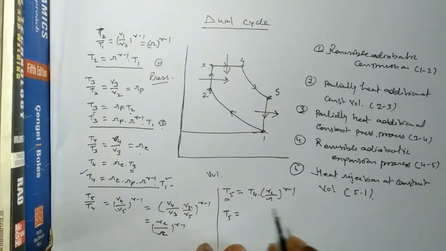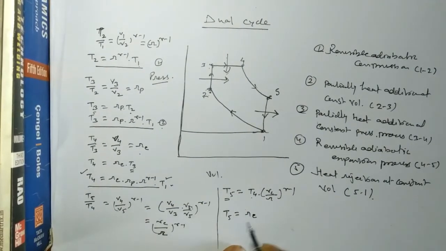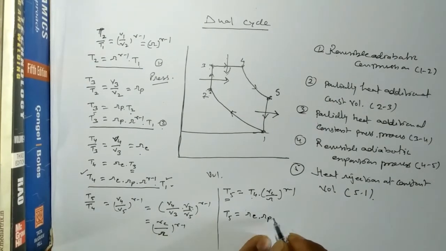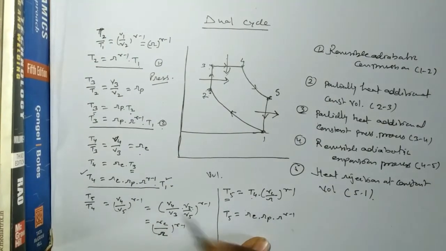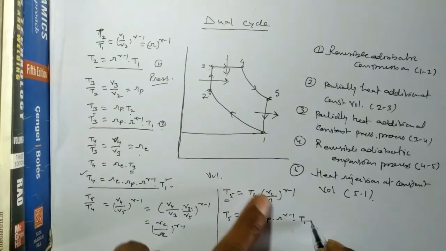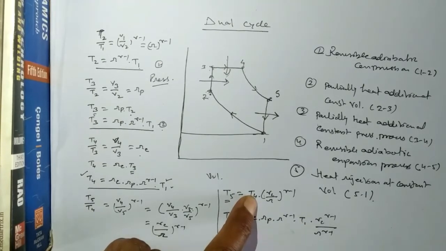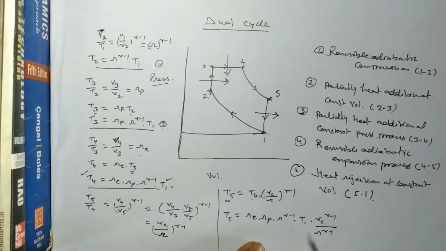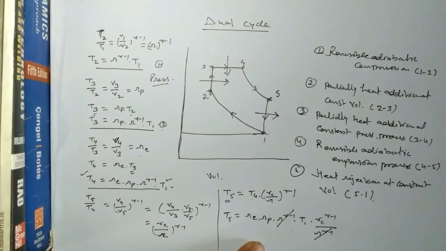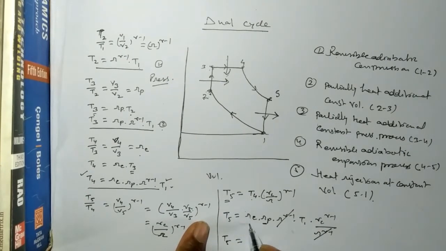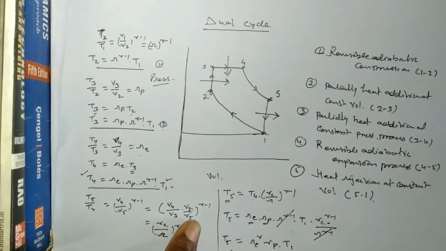T5 will equal T4 is Rc into Rp into r power gamma minus 1 into T1 into Rc power gamma minus 1 by r power gamma minus 1. The r power gamma minus 1 cancels, and what we get is T5 equal to Rp Rc power gamma into T1. The value of T5 is in terms of T1.